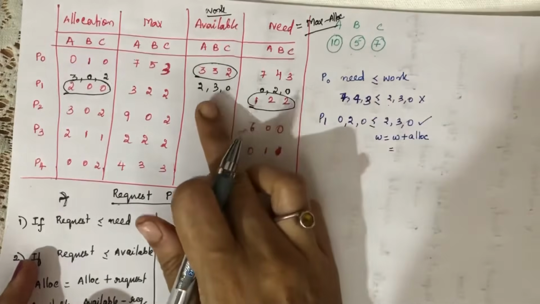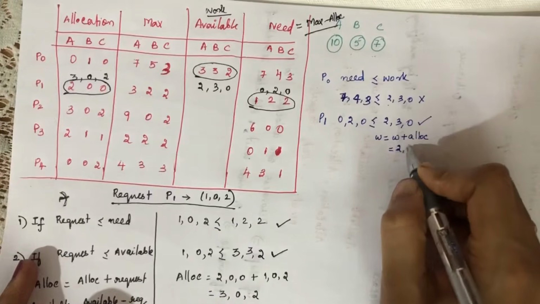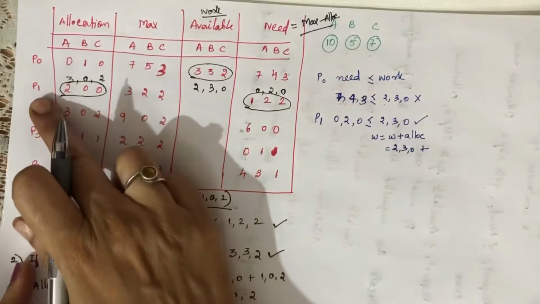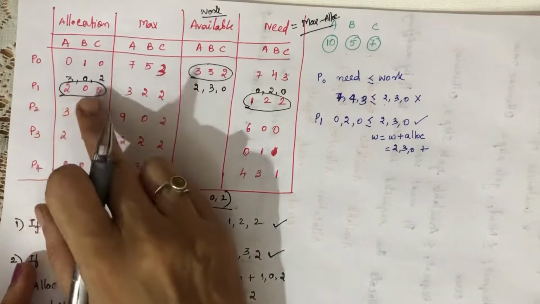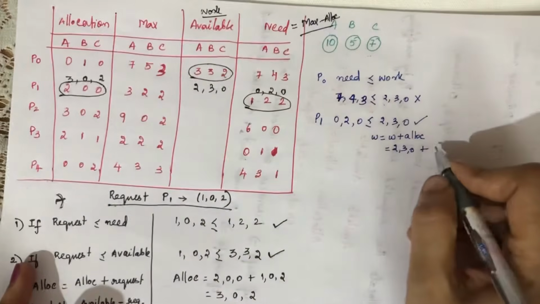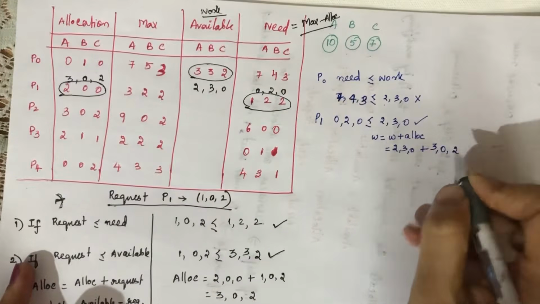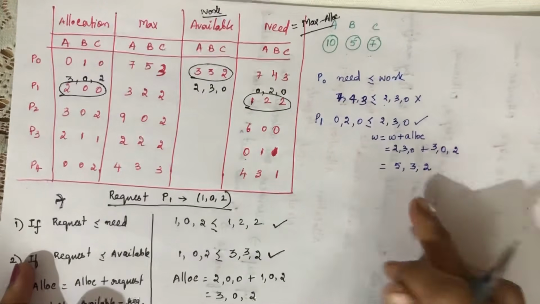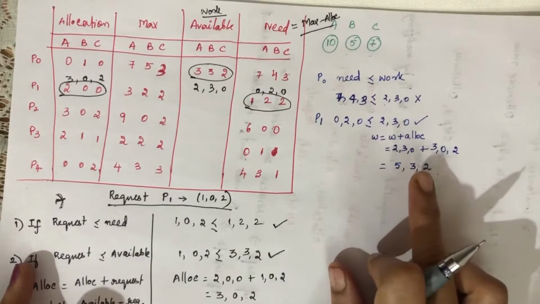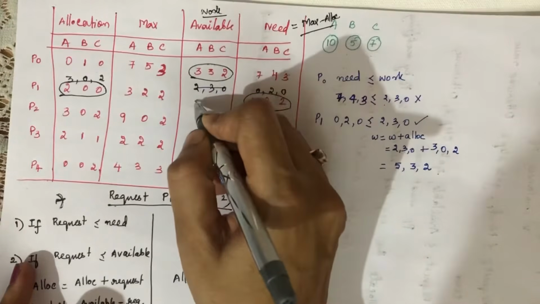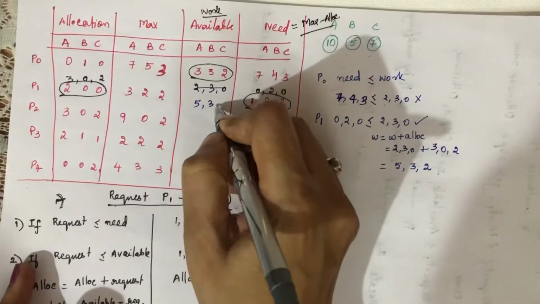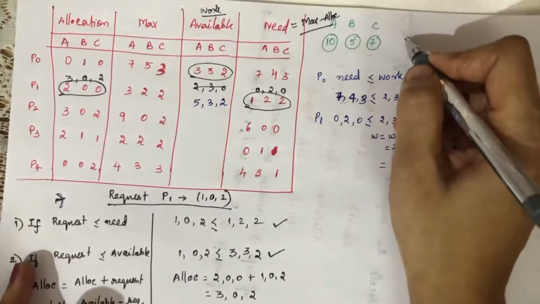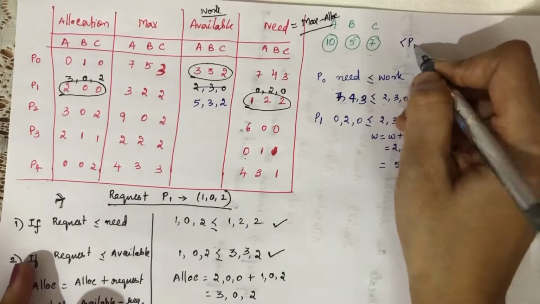Work value is 230, plus the allocation for process P1, which is 302. So the answer will be 532. The work value will be 532, so we change this to 532. Now we add P1 to the safe sequence.